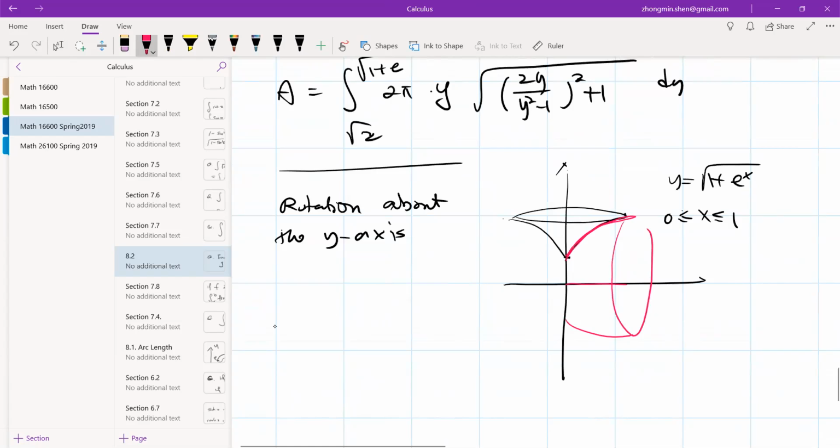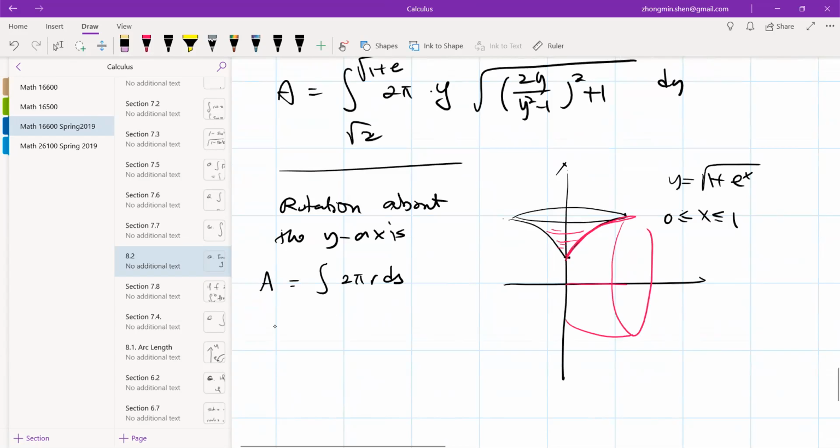So here, how do you find the surface area? Again, the same formula. This is a universal formula, 2 pi r ds.